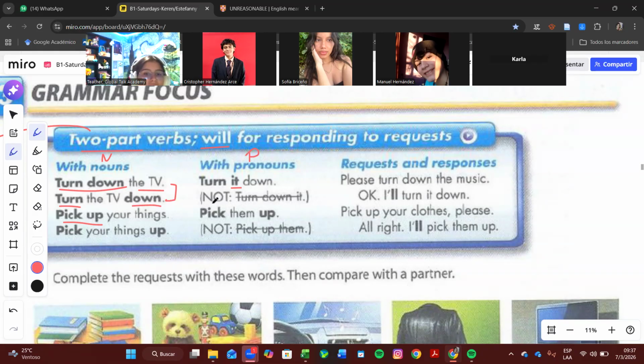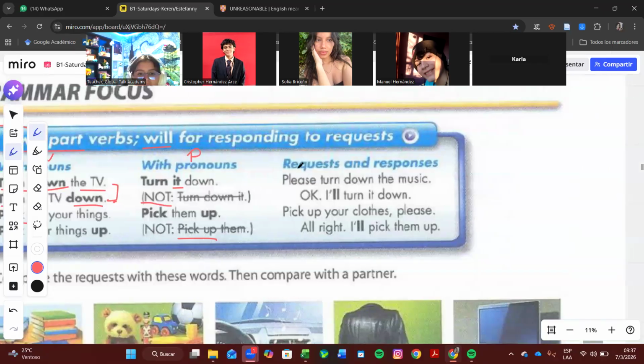In this case, we don't use the arrangement in the middle. It's just turn it at the beginning, turn it down. So we cannot say turn down it, right? Because it sounds weird. Then pick them up, right? We don't say pick up them. In this case, it's the other way around. Pick them up instead of pick up them, right?